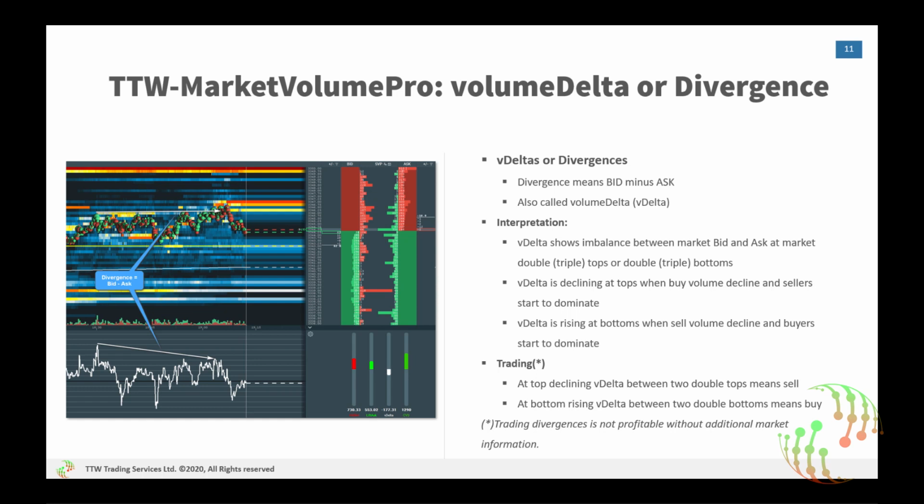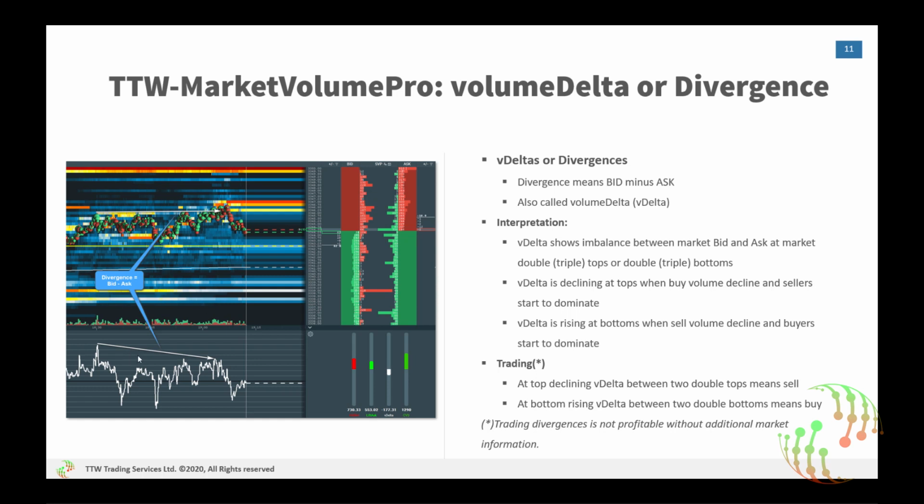V delta shows imbalance between market bid and ask at market double tops or triple tops or double or triple bottoms. V delta is declining at tops when buy volume declines and sellers start to dominate, and V delta is rising at bottoms when sell volume declines and buyers start to dominate, as you can see on this picture here.